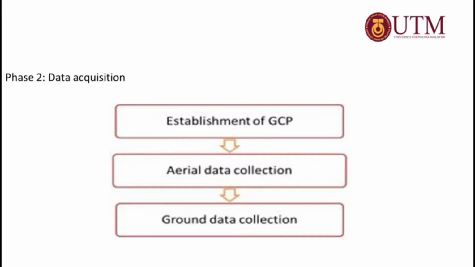and ground data collection. Ground control points are points on the ground with known coordinates in the spatial coordinate system. For GCP in this study, it was established by GPS observation. Rapid static method was used. The satellite was observed using Topcon GR-5 approximately 20 minutes.